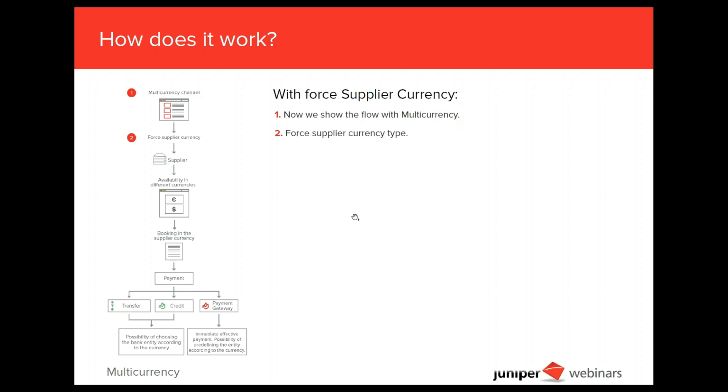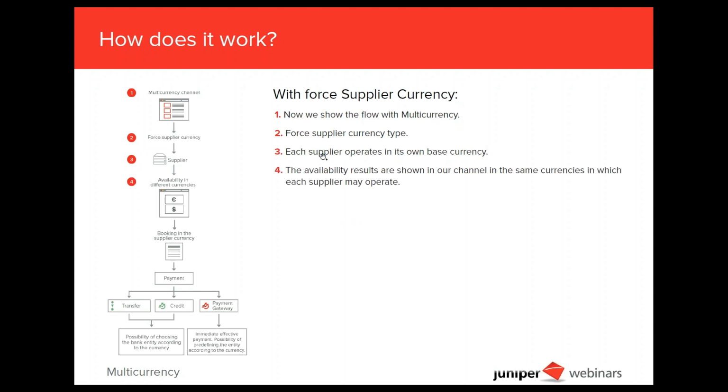We are showing the forced supplier currency type, and this is the one that, as I mentioned before, keeps the prices of the supplier and each offer from them. So they operate in their own base currency. The availability results are shown in our channel in the same currencies in which each supplier may operate.